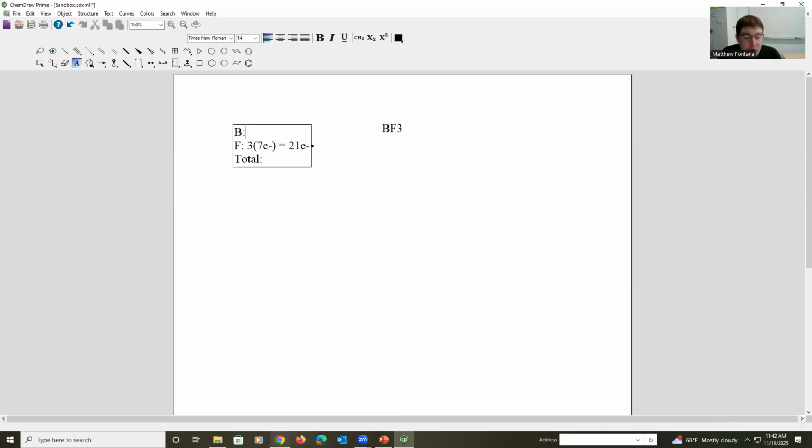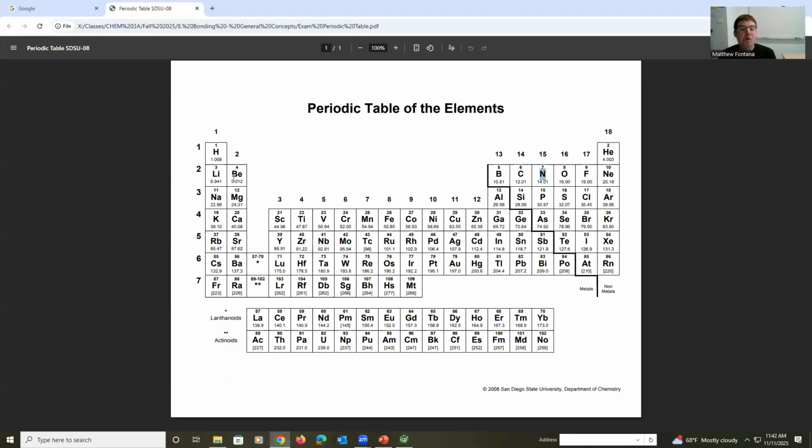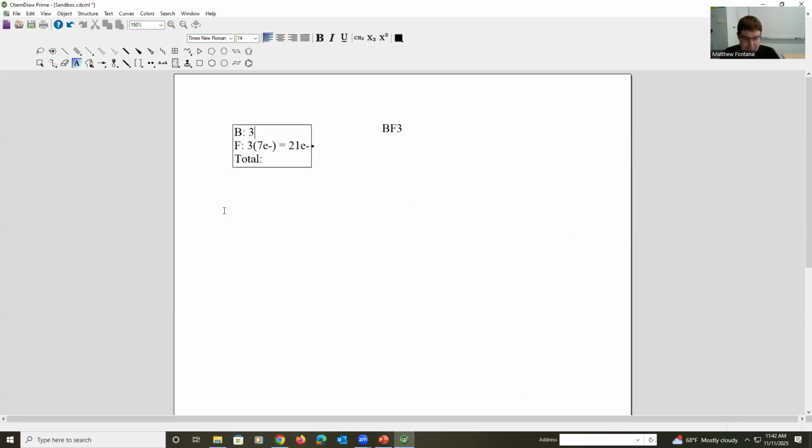If you look up boron on the periodic table, boron is in column one, two, and three, and so boron wants three valence electrons. So we have one boron. It has three valence electrons, and so boron is going to bring to the party three valence electrons. And so if you do 21 plus 3, that brings you to a total of 24 valence electrons.